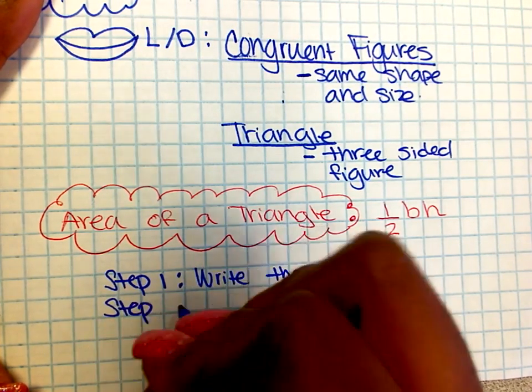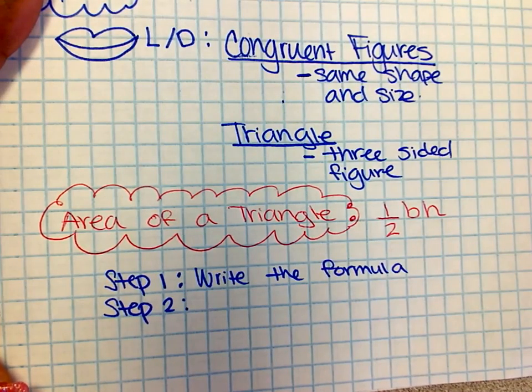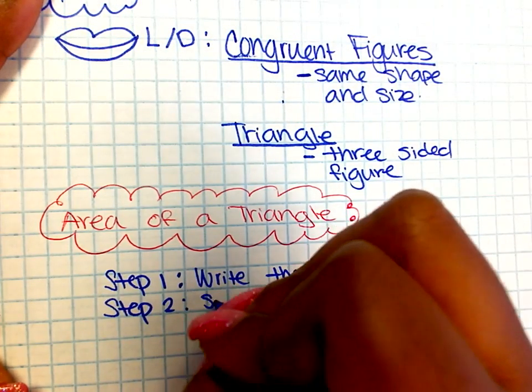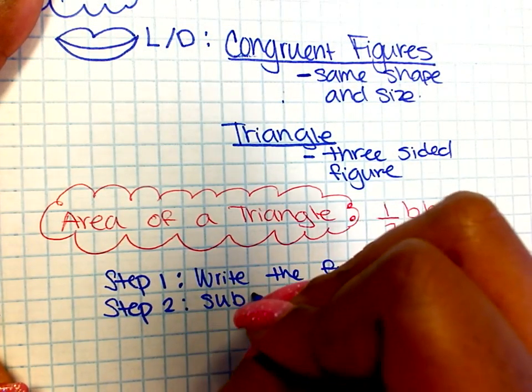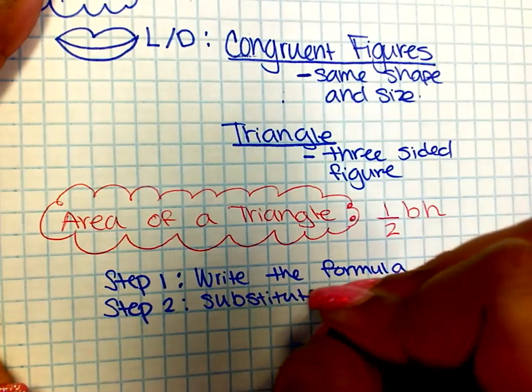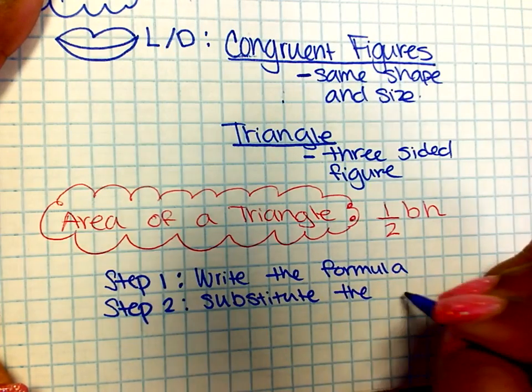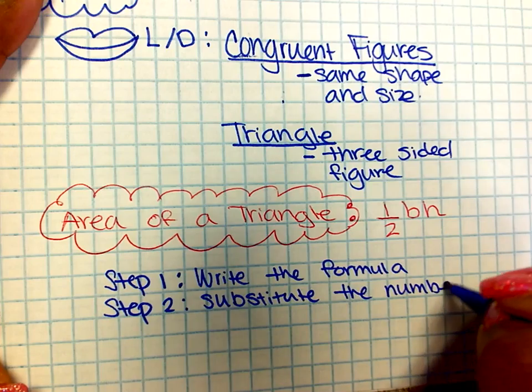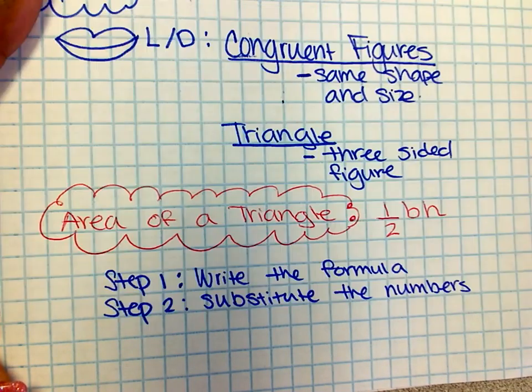Step 2, you substitute in the numbers for the formula. So that means you replace the numbers for the variables in the equation. If the base is 4, you substitute in 4 for the b. Okay?